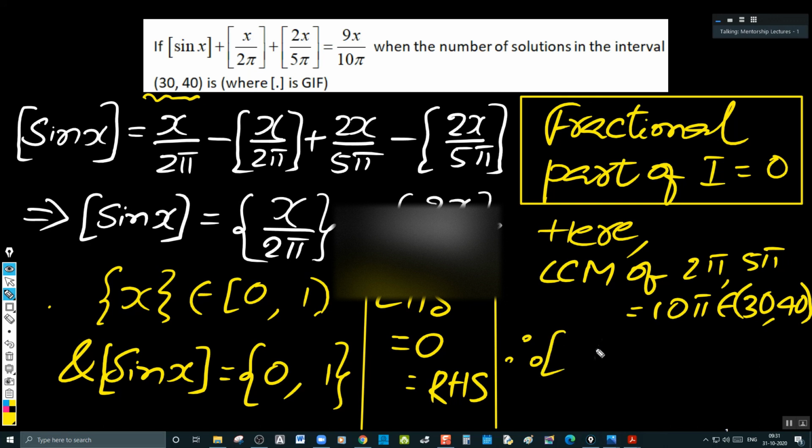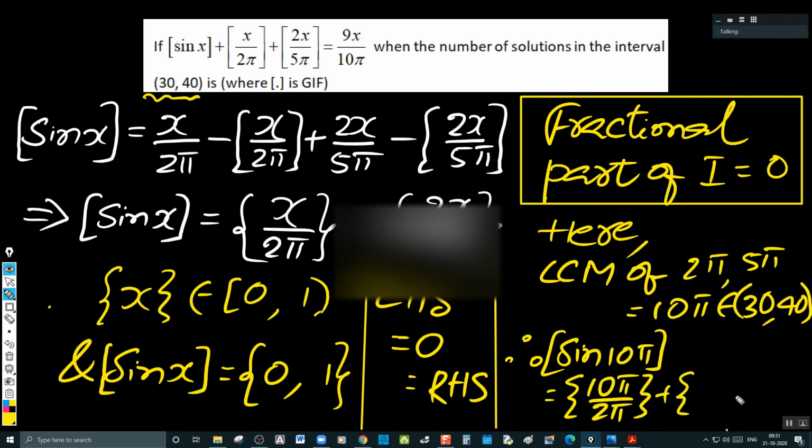Step of sine 10 pi is equal to fractional part of 10 pi by 2 pi plus 10 pi by 5 pi. 10 pi नहीं, 20 pi है ना? Yes. 5 pi.